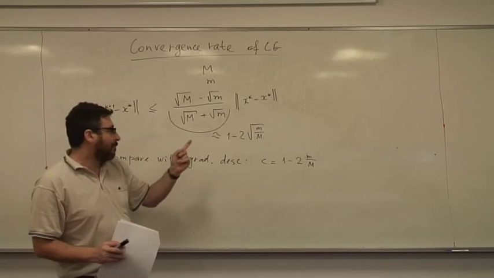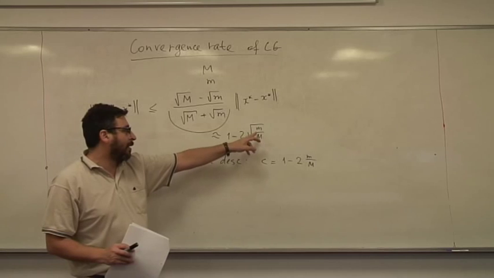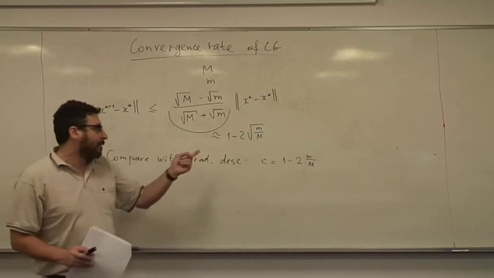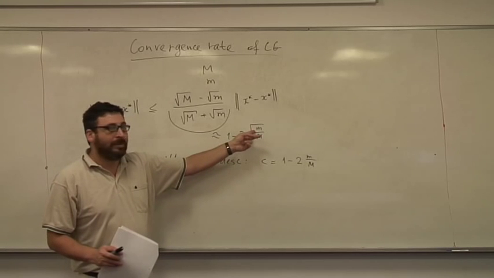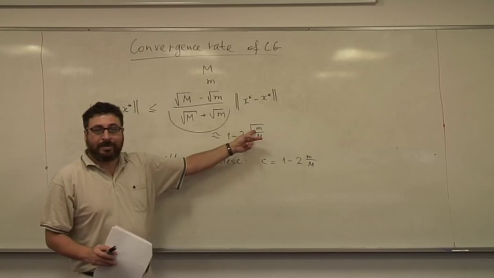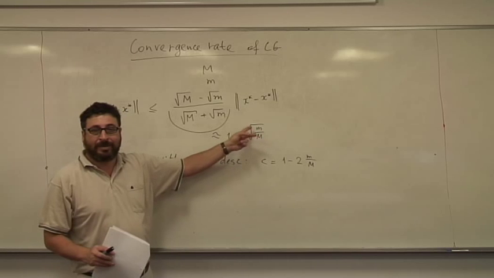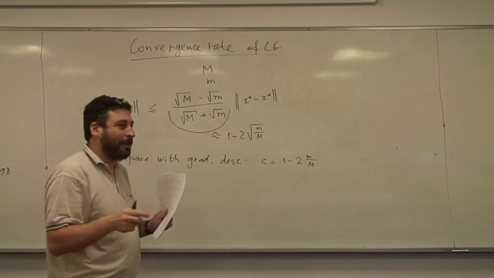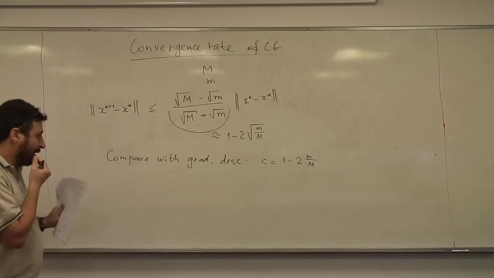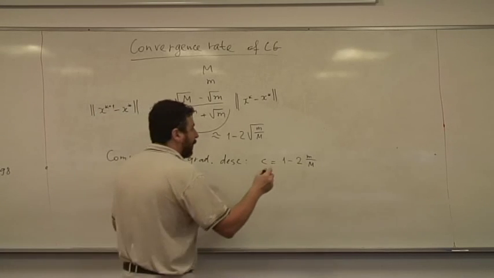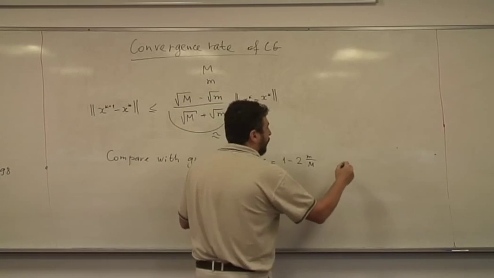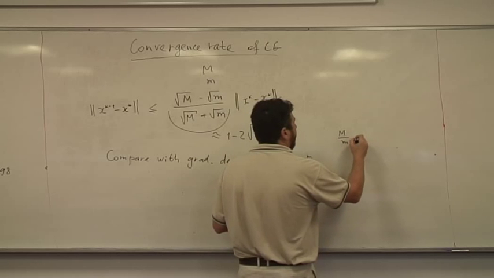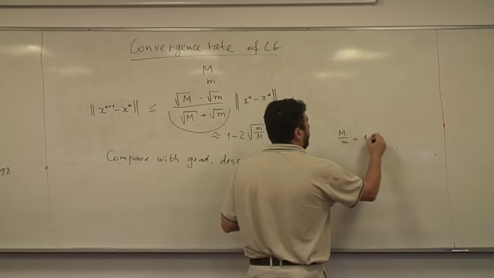So let's take an example when this ratio, actually the condition number of the matrix, M by m, is like 1 million.